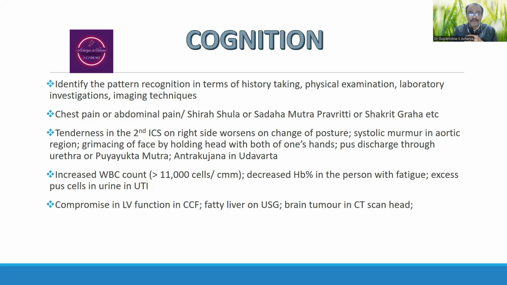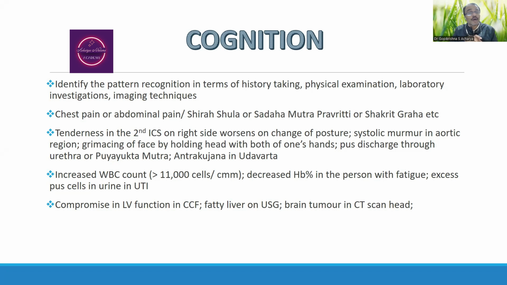If the person is suffering from a urinary system disease, chest pain may not be possible. Chest pain may be present in case of respiratory diseases, cardiovascular diseases, alimentary canal diseases, musculoskeletal diseases, and neurological diseases.